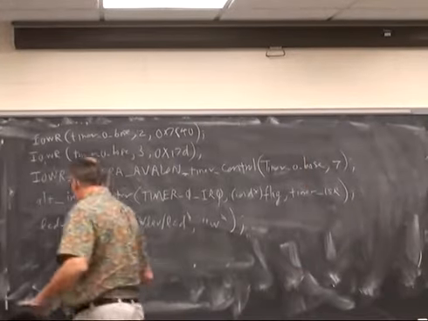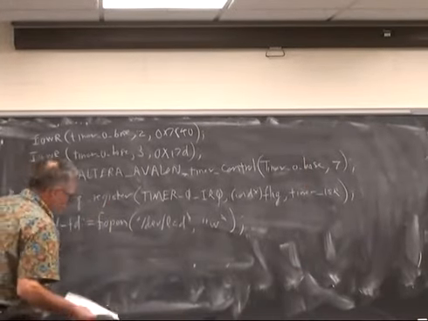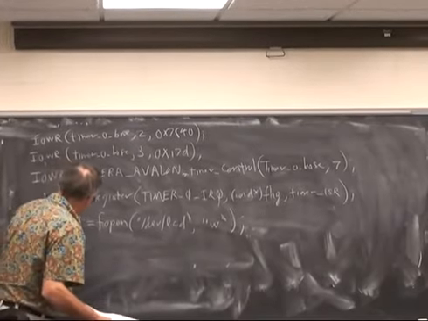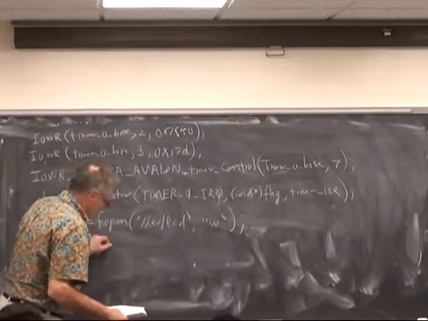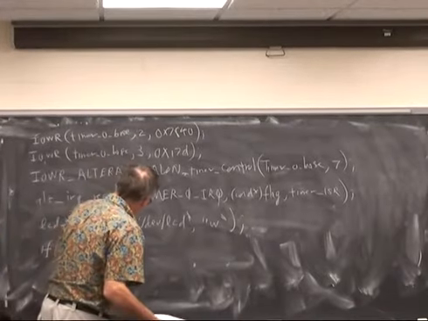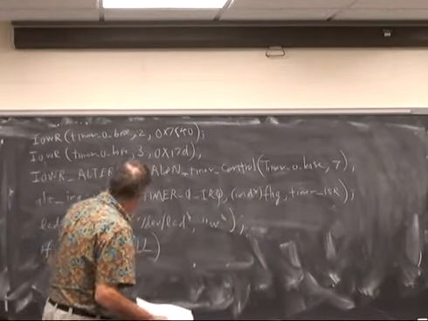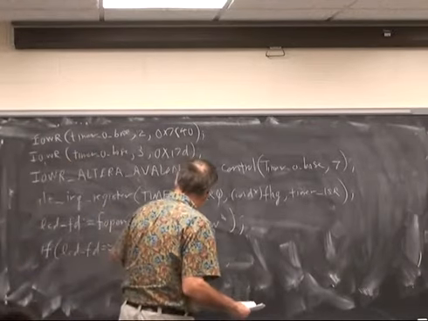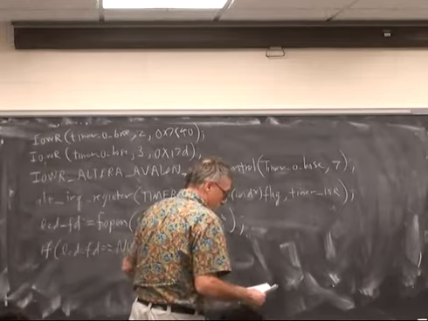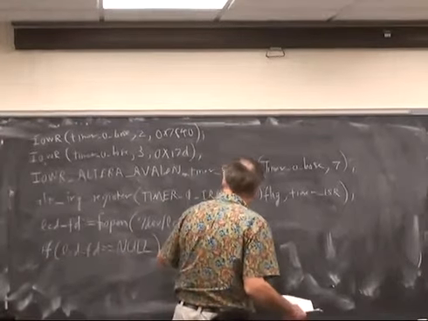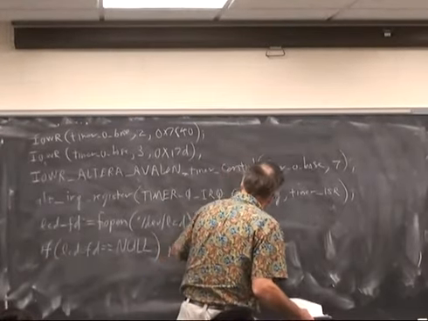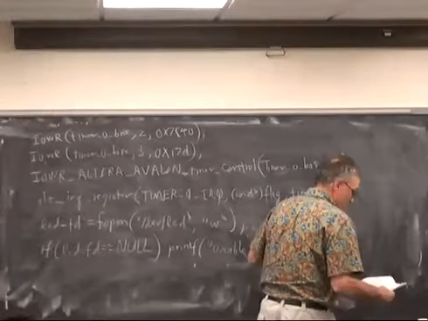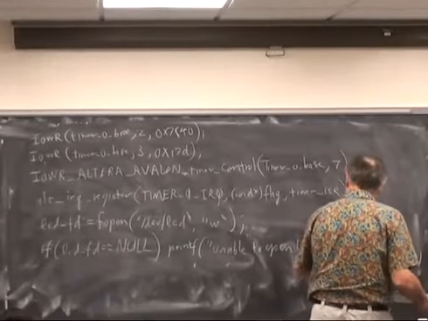And to be on the safe side, we better check and make sure that actually worked. If lcd_fd is equal to null, then the open failed, and we should do a printf: unable to open LCD \n.